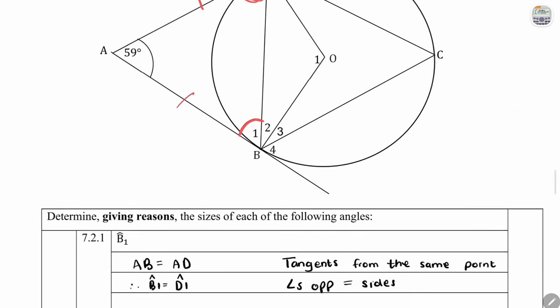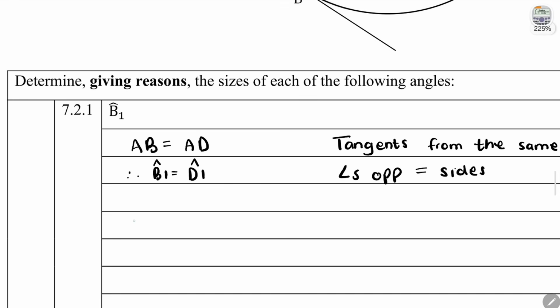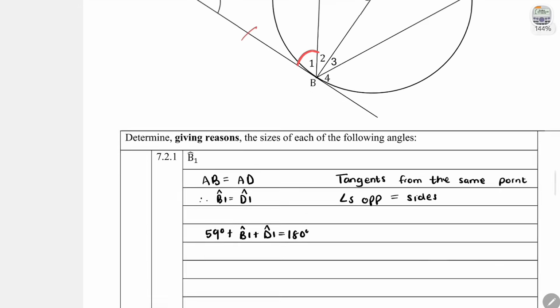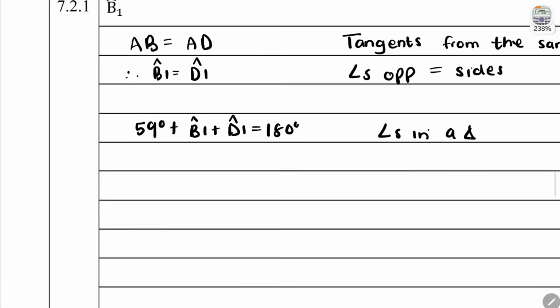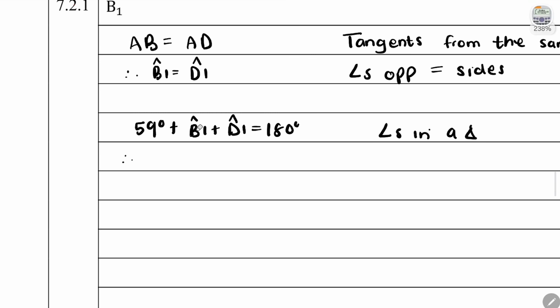Okay, so we can go ahead and tell them that angle A, which is 59 degrees, so 59 degrees plus angle B1 plus angle D1 add up to 180 degrees because they're the angles in a triangle. Now, we already know that angle B1 and D1 are equal, but we're trying to find angle B1.